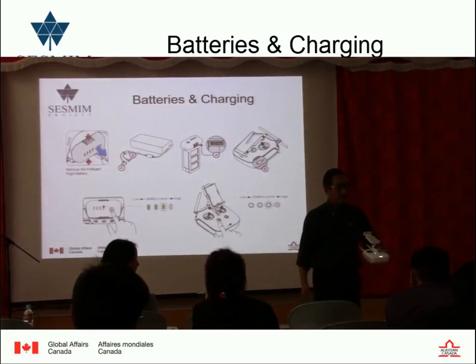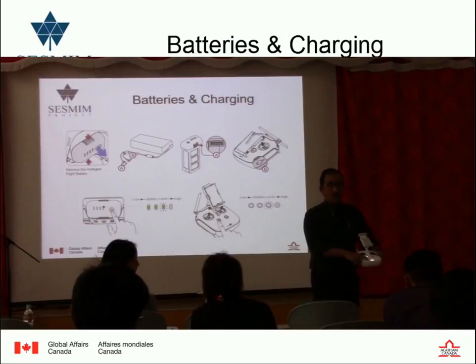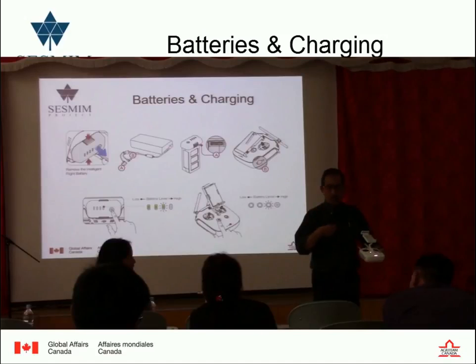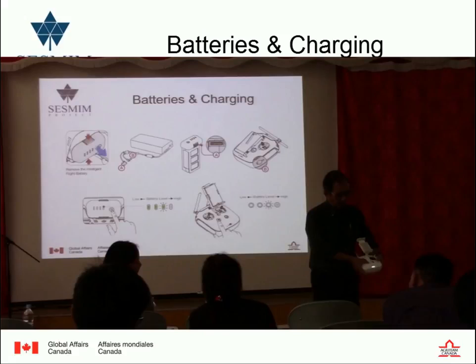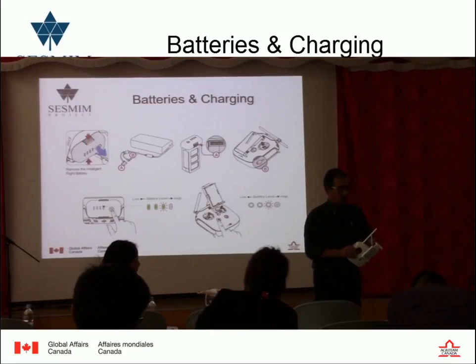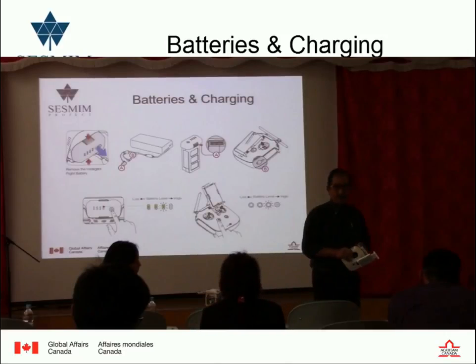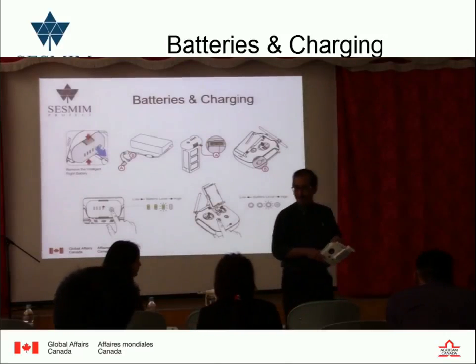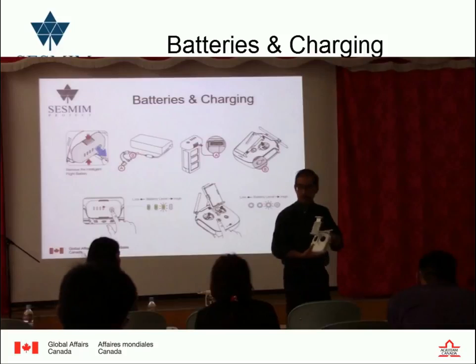Now it's on. A red light means it's not connected to the aircraft. When it's connected, it will turn green. To turn off, push once, and when it's blinking, push and hold until it goes off. You should always try to turn off the batteries so that they don't discharge completely while in the box.